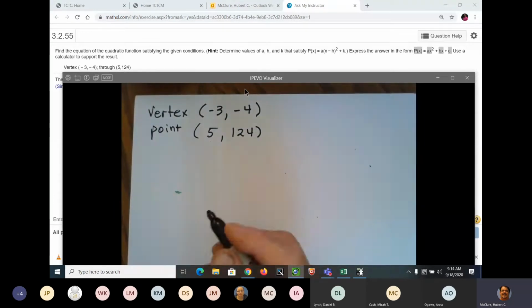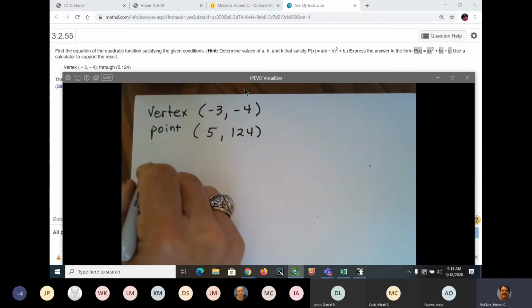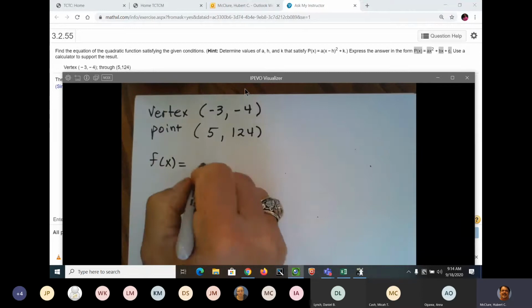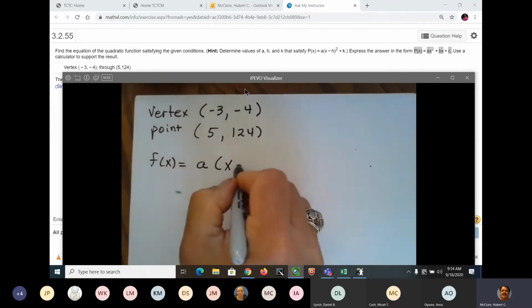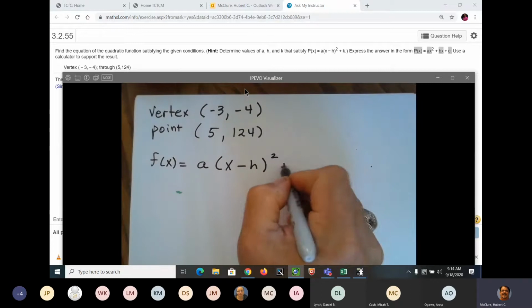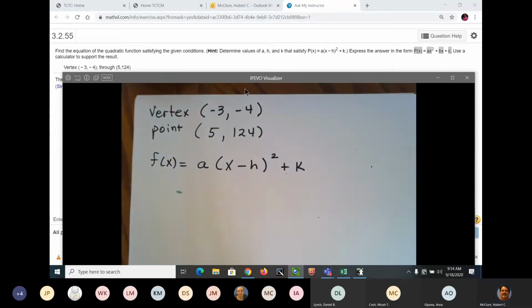And we are going to use our intercept form to start off the problem. F of x is equal to a times x minus h quantity squared plus k. That's the standard form of, that's the intercept form.